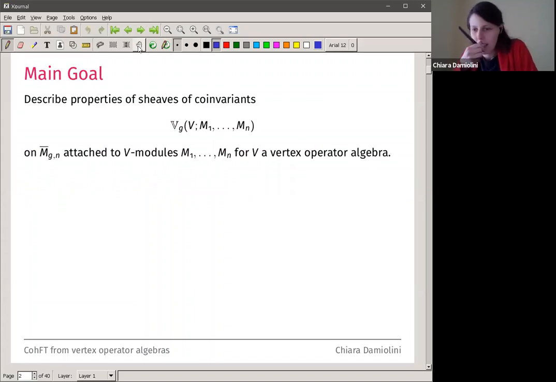So let me start by saying what the main goal of today is. The main goal will be to describe properties of some spaces which define some sheaves, called sheaves of coinvariants, which you can imagine as being, maybe you know, conformal blocks. So this will be the dual version. The dual of the coinvariants are the conformal blocks.